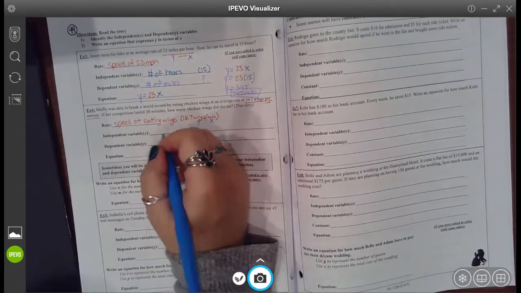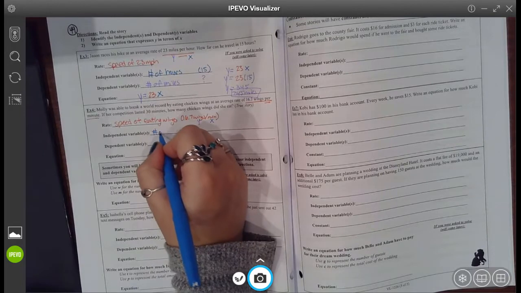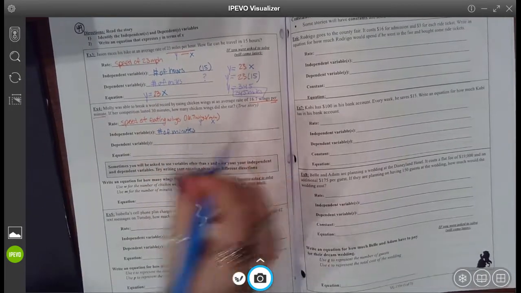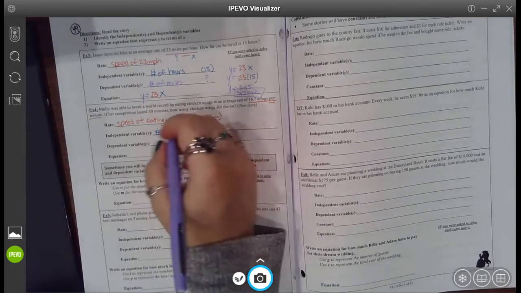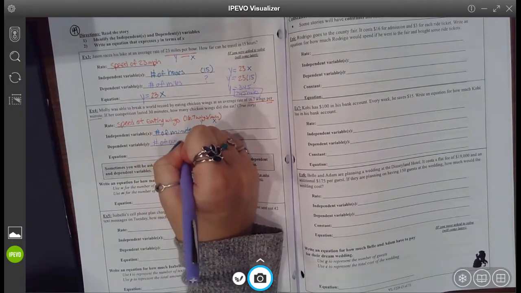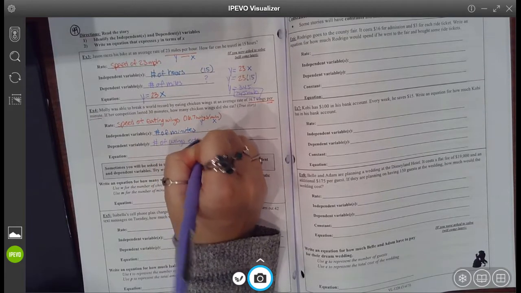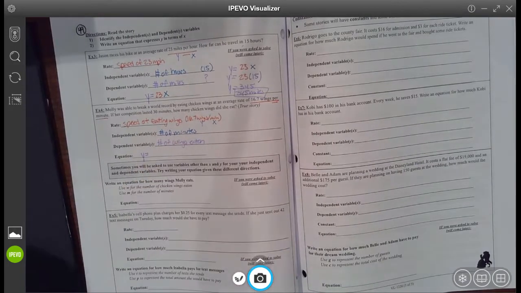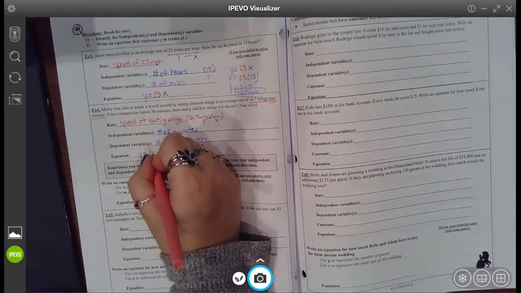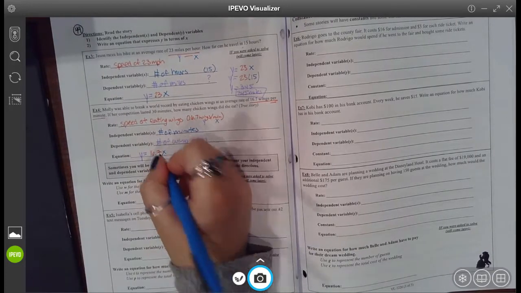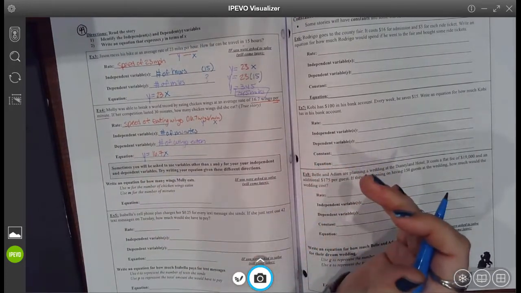So x is the number of minutes spent eating, and then y is the number of wings eaten. So your equation would be y equals, what's my rate? 16.7 x.